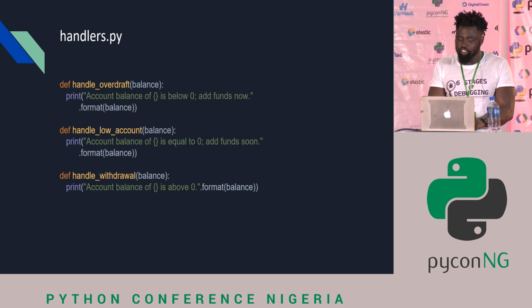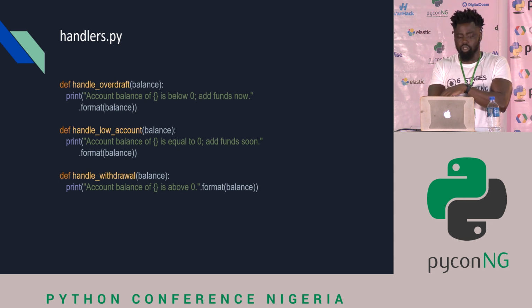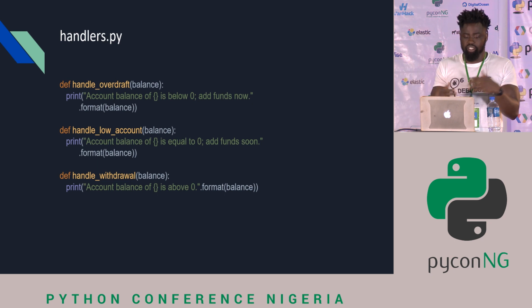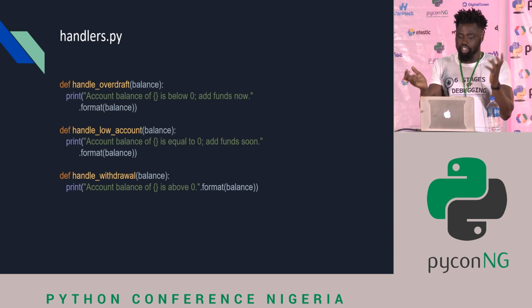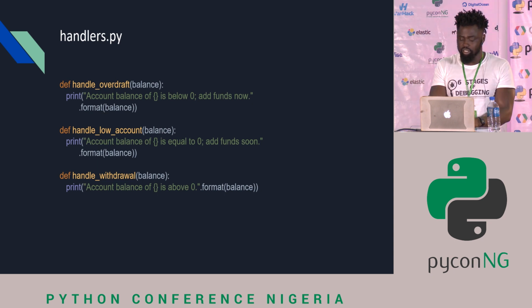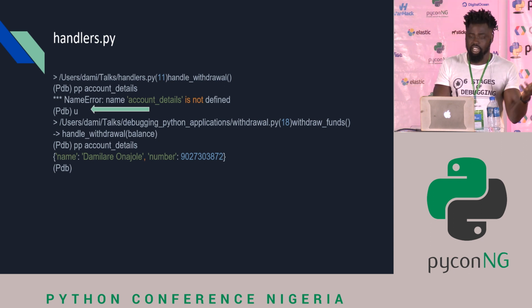So what happens here is you've been able to move from withdraws.py into another module called handlers.py. And in handlers.py, you can see that there is no such dictionary named account details as was in withdraws.py. So when you try to print that, you get a name error that says account details is not defined.